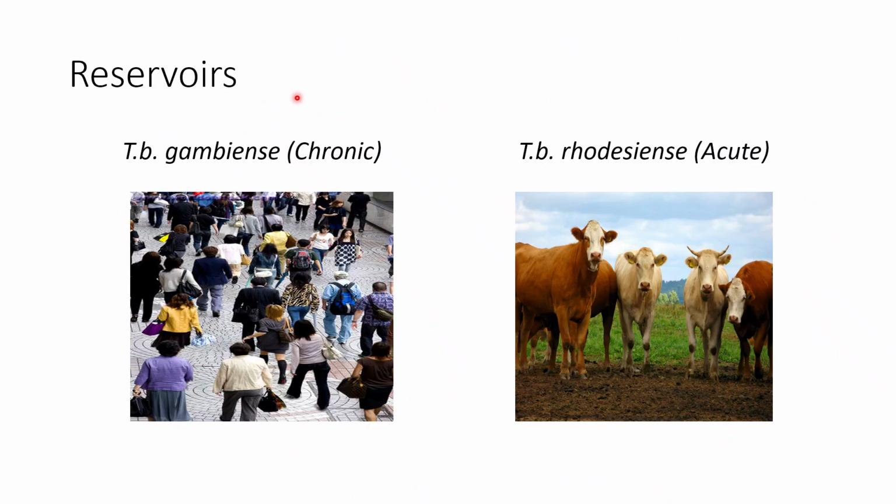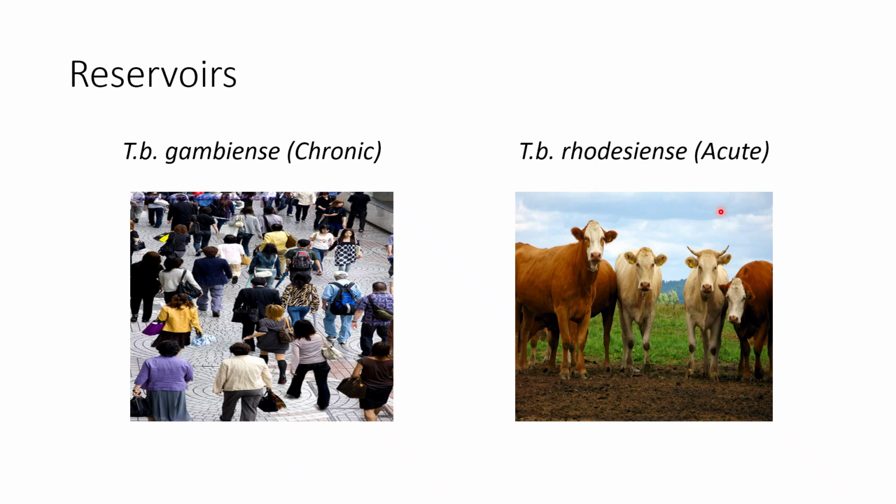There are two forms of Trypanosoma brucei, depending on the reservoirs. First is gambiense, the chronic form, which is usually found in humans and caused by human-to-human transmission, although sometimes it could be found in animals or domestic animals. And for Trypanosoma brucei rhodesiense, it is the acute form.